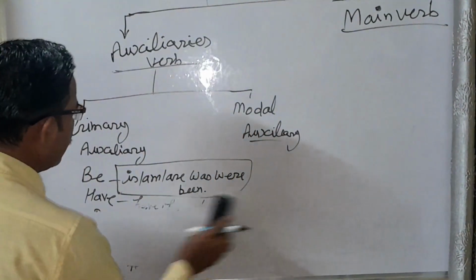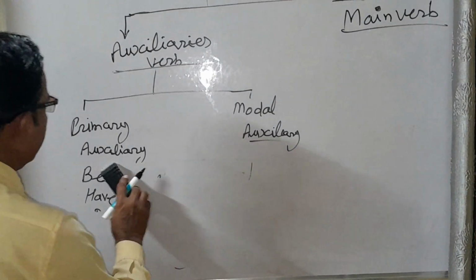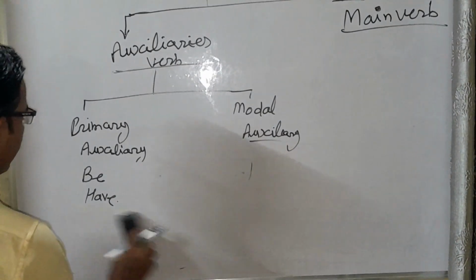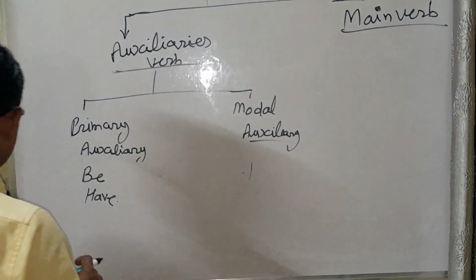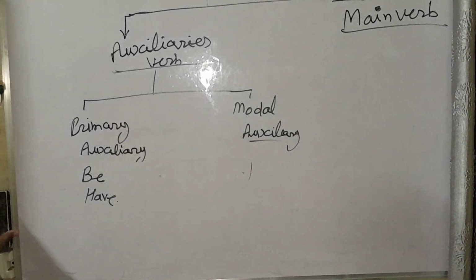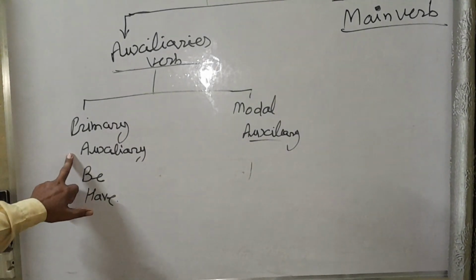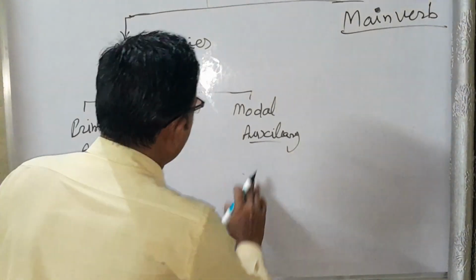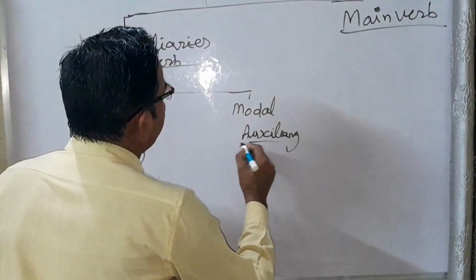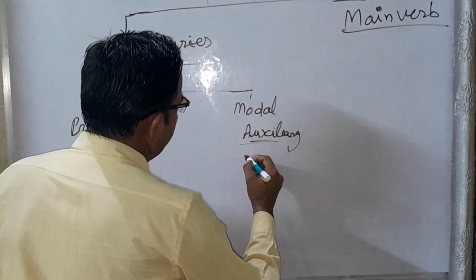In the same way, you can use all these is, am, are, was, were in both cases, as a primary auxiliary or as a main verb. Another, these are modal verbs.